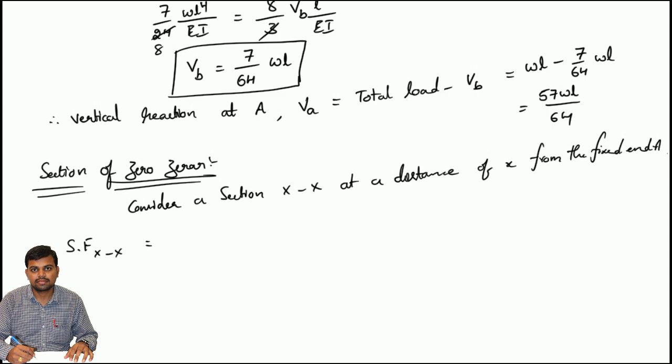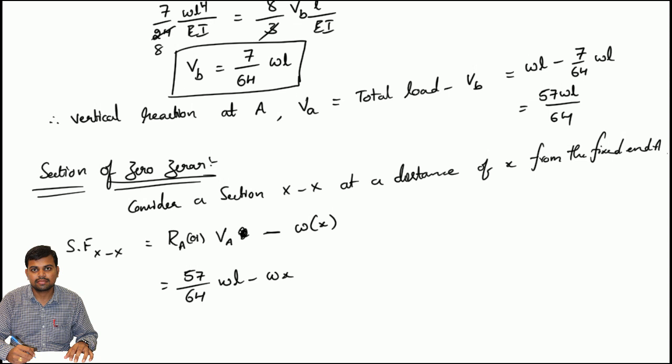Here I have the reaction VA, and it is not a moment, so it is VA minus W into x for the UDL. So you will get 57 by 64 WL minus Wx. This will be the shear force at section XX.